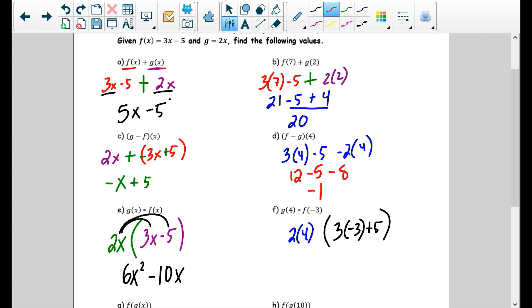So 2 times 4 gives me 8. And then 3 times negative 3 is negative 9, plus 5 gives me what? Negative 4. So then 8 times negative 4, negative 32.